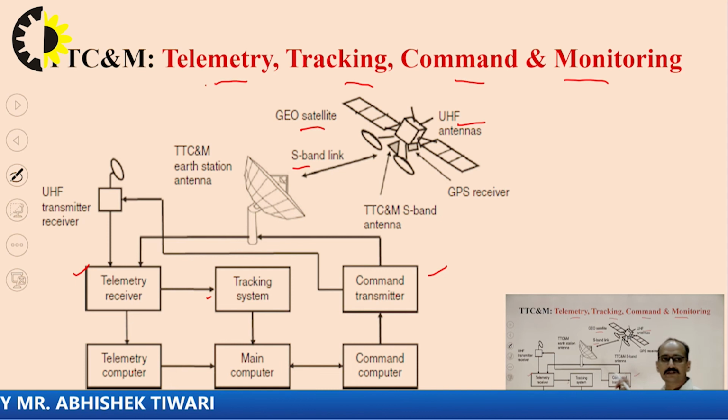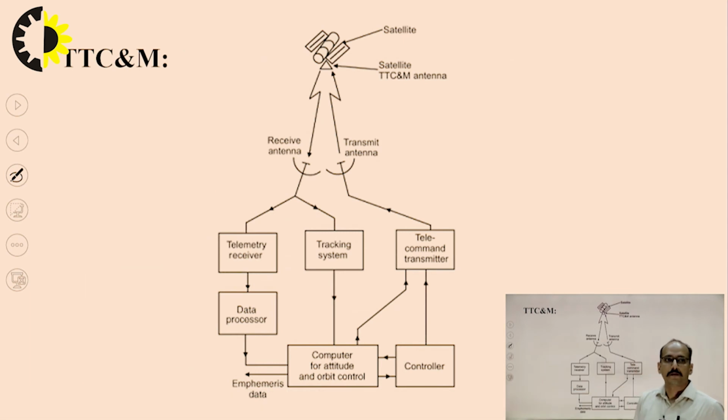This diagram is specifically in the sense of the S band and the UHF band for the GEO satellite, but you can also use this diagram for the simplified version. This is just a simplified version. Here we are showing two antennas, a receiving antenna and a transmitting antenna, but you can also understand one thing.